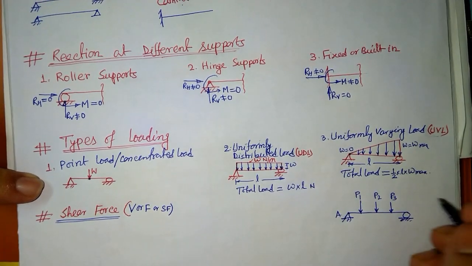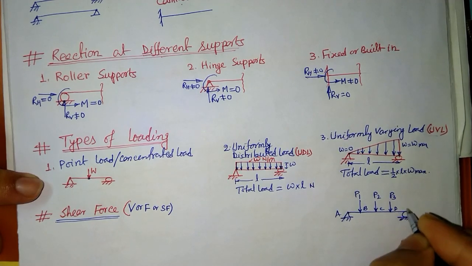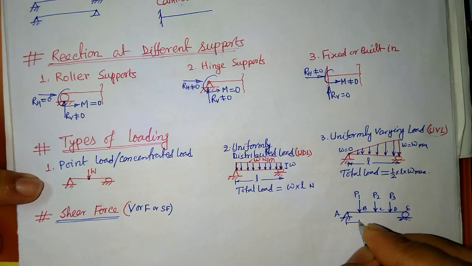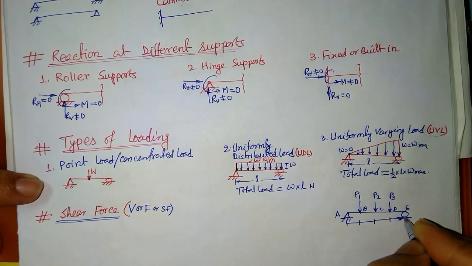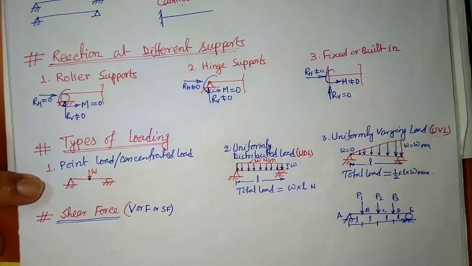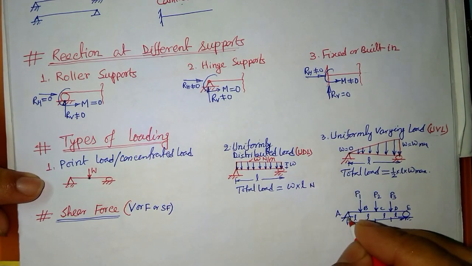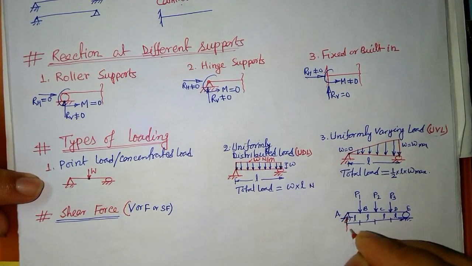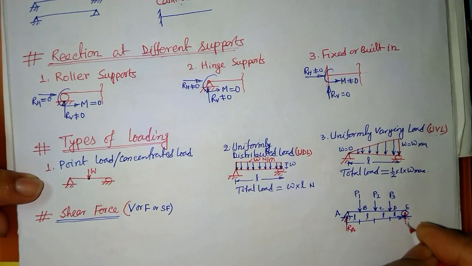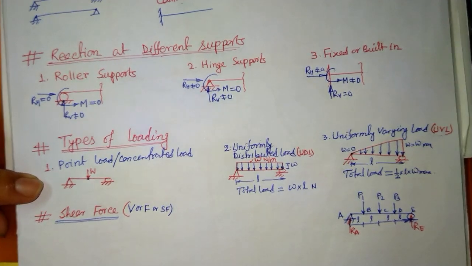These are the magnitudes of forces, and these points are A, B, C, D and E. Suppose all the lengths are equal, L, L and L, and these forces are acting. For A and E there are two supports. At A let the reaction be RA and this reaction be RE. So this is one beam.